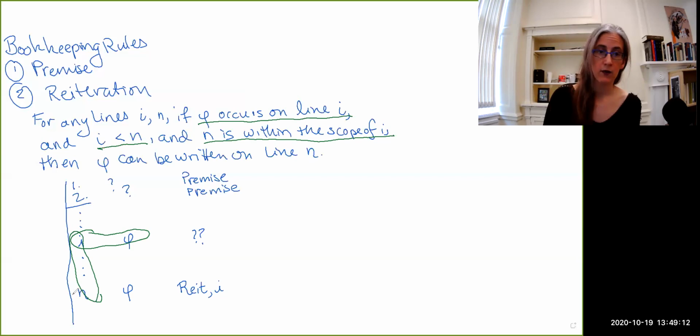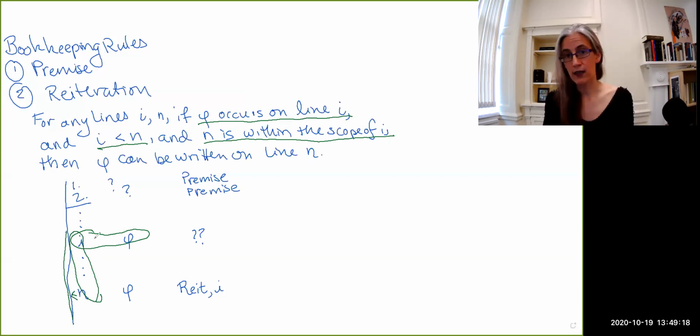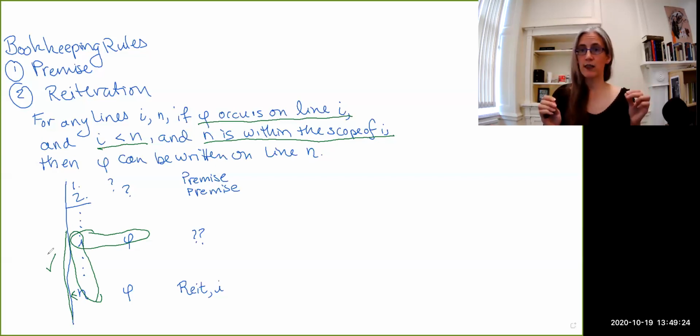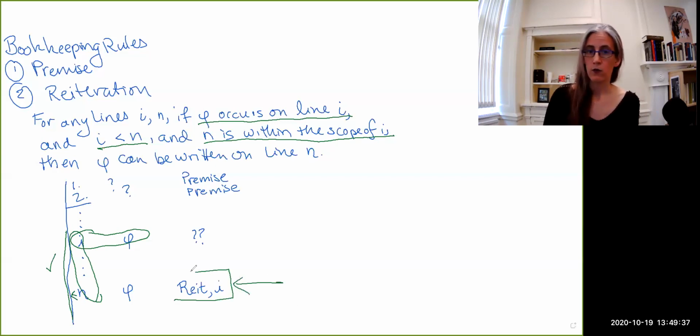You look at, well, what is the scope line that N is on? Follow it up. Does I occur on that same scope line? In this case, the answer is yes. So these are the three things that we need to check in order to determine, is it legit for me to put formula phi on line N and justify it with the reiteration rule on line I.